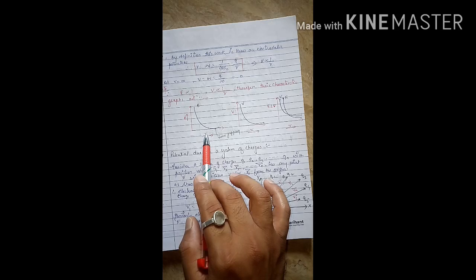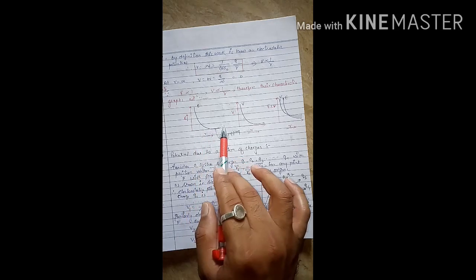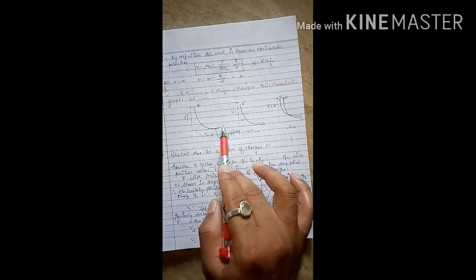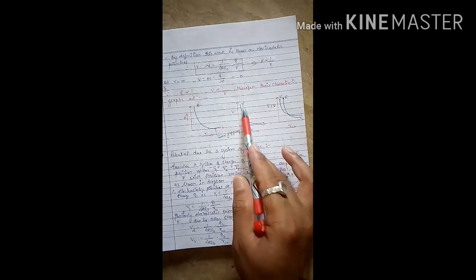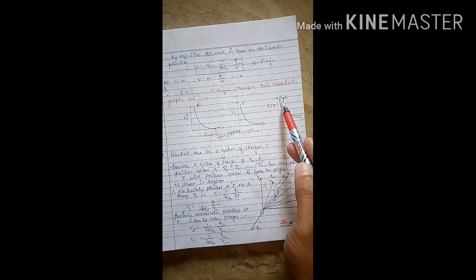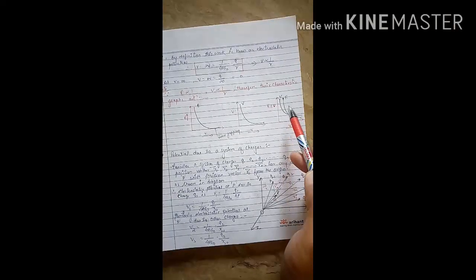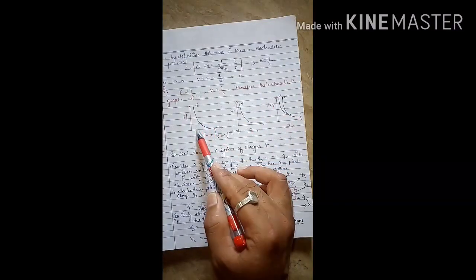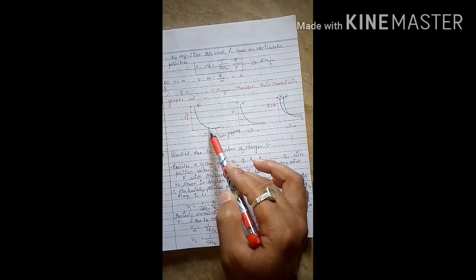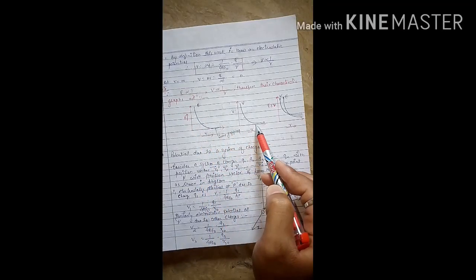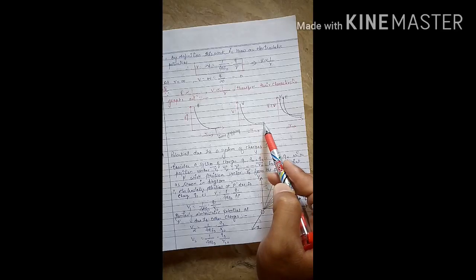E and R give you this curve, and V and R gives you this inverse curve. On increasing the value of R, the value of E decreases, and similarly at R equal to infinity the value of V goes to 0.